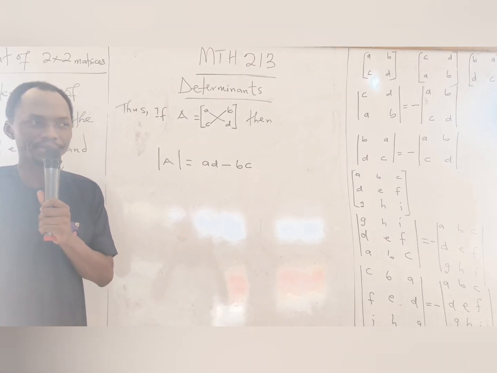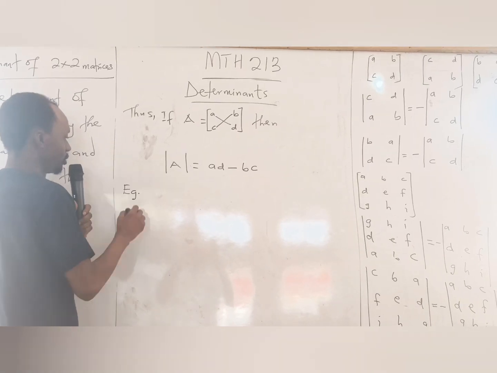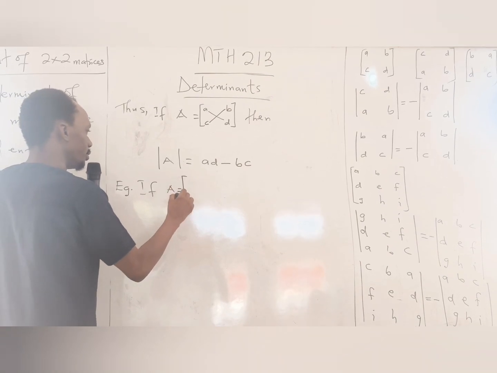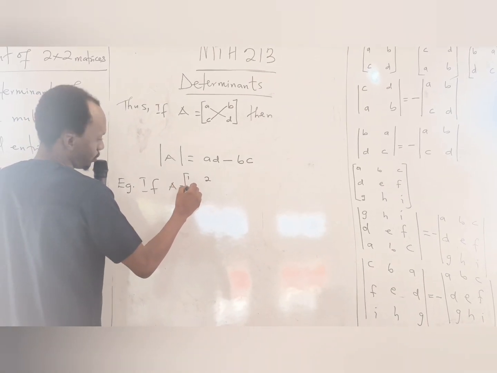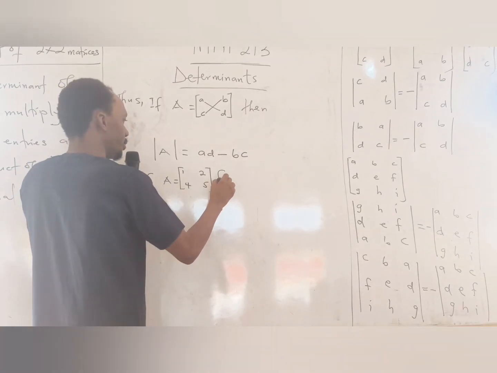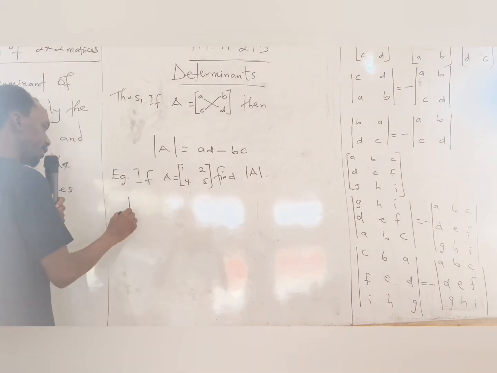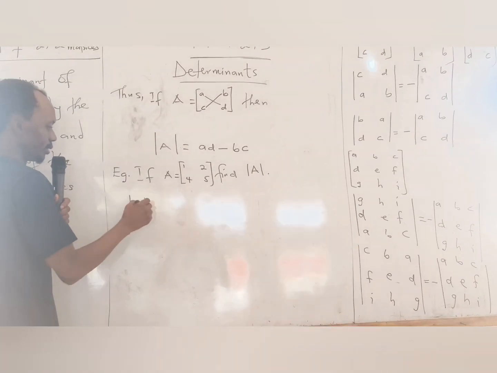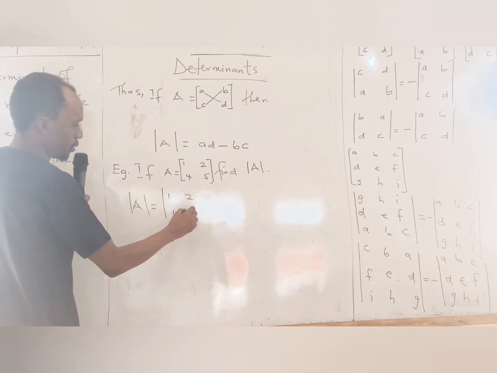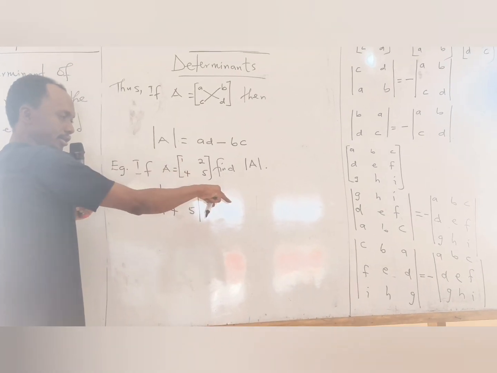Any question? So for example, if A is 1, 2, 4, 5, find determinant of A. Let's find determinant of A together before you write. Multiply this, multiply this.